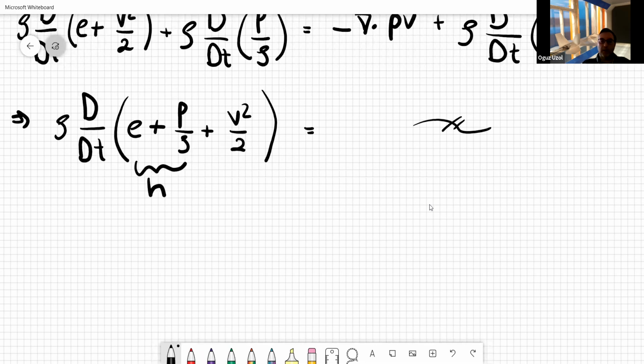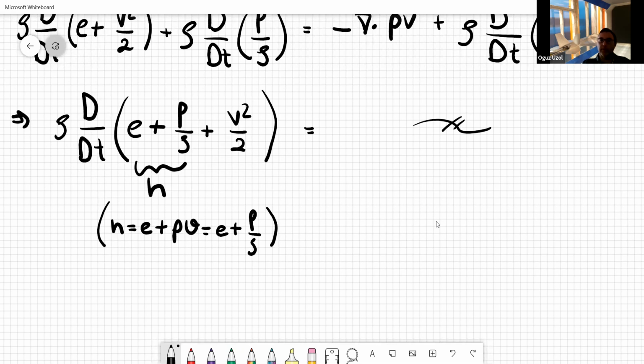If you remember from yesterday, the definition of enthalpy is E plus p times v, where v is the specific volume, and v is 1 over rho, so it's actually p over rho. So this is the definition of enthalpy, and this is what we have on the left-hand side.